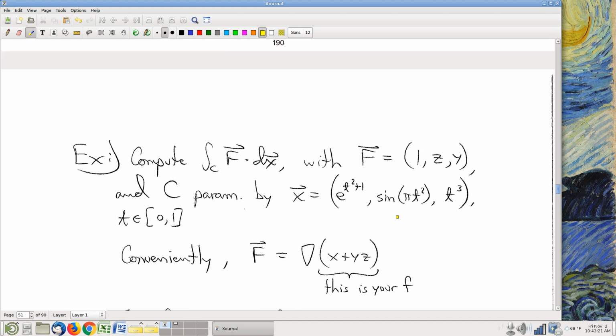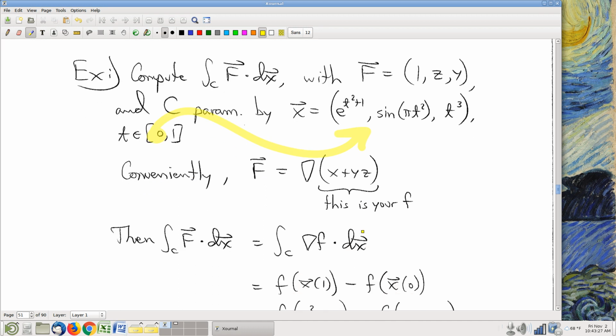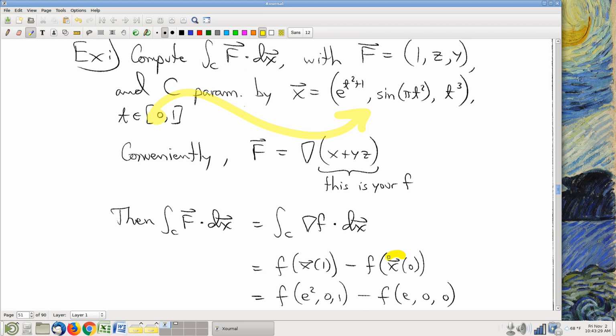So the starting point of this curve is where x equals 0. So you plug in x equals 0 into that curve, and that gives you your starting point. That's your A, if you will. Then plug in x equals 1 into here. That gives you your ending point, your B, as it were.